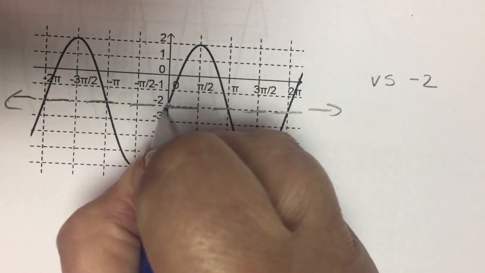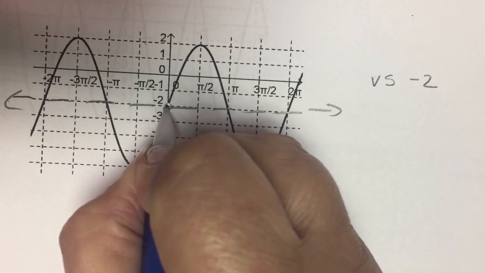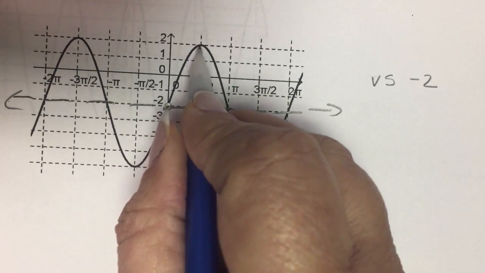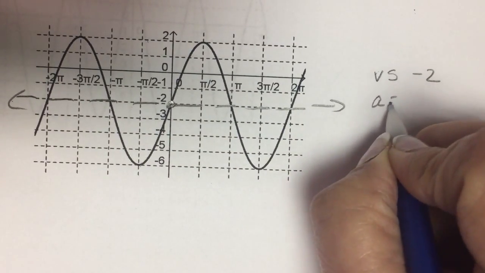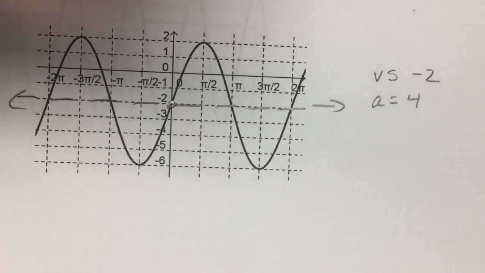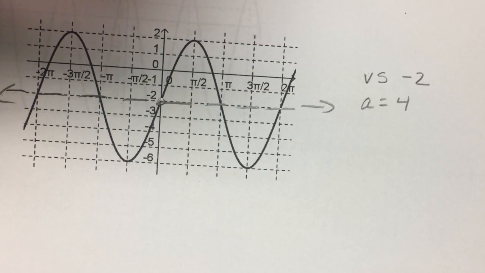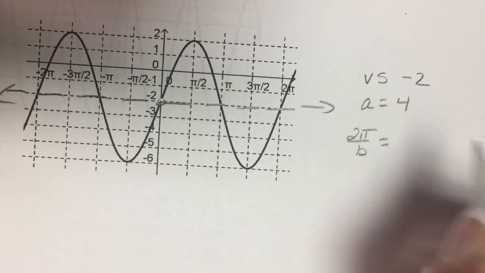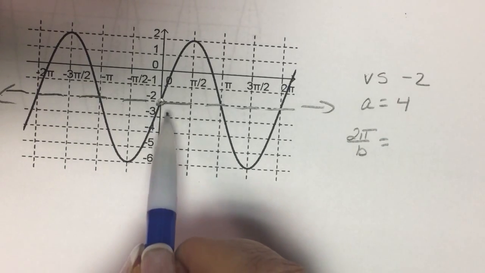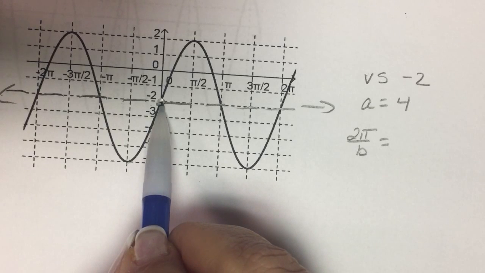So now here, because it's sine, there's like the new origin, so you can see that you're going to go up 4 and down 4. So that tells me that my A is 4. Now I just need my b. So if I take 2 pi over b and set it equal to, okay, so let's see, where does it begin to repeat?